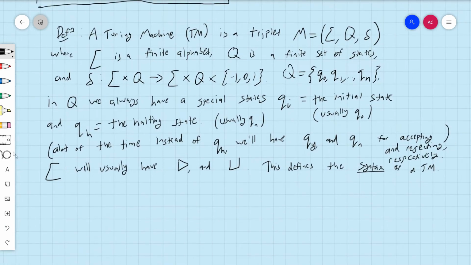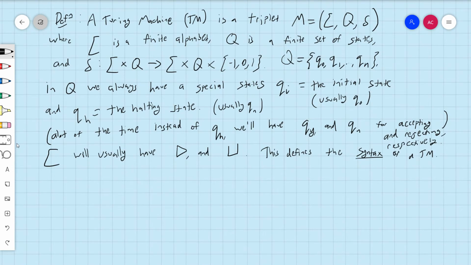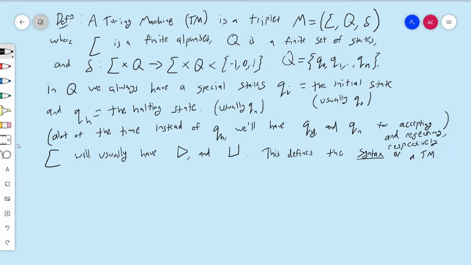So that's the next thing I'm going to define. And the first time you see all this defined, it's kind of overwhelming. You'll probably have to go through it twice and see some examples with me. And I will do examples for you to really see how all of this comes together and models the thought process that we had. So a configuration is the next thing we want to do.